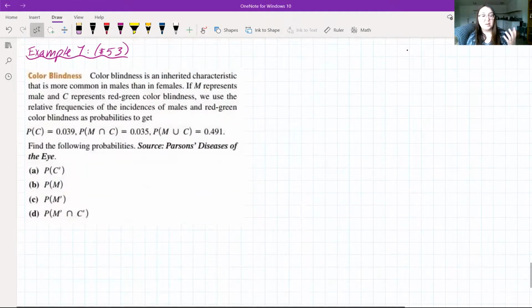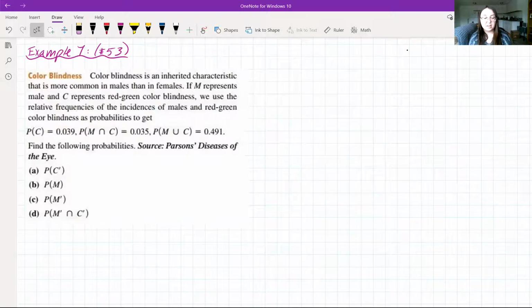All right. Now for our last example, we have example 7, which is also number 53 in your book. And this is about color blindness. Color blindness is an inherited characteristic that is more common in males than in females. If M represents males and C represents red-green color blindness, we use the relative frequencies of the incidences of males and red-green color blindness as probabilities to get that the probability of red-green color blindness is equal to 0.039.